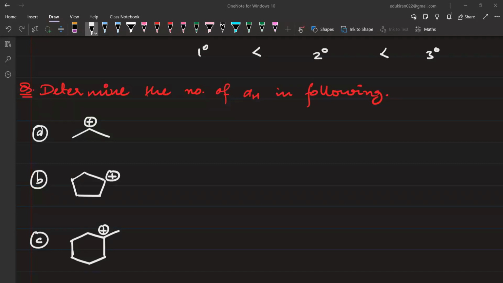You have been a bit hasty. Count the number of hydrogens and then proceed. Sir, sorry, in which one? The second and the third one. You did not count the hydrogens there. You just saw that there are 2 carbons, so you wrote 6 there. Come and do the rest then. This little will not do. Do the rest of them. Yes, sir. Sir, first one is correct. Yes, first one is correct.